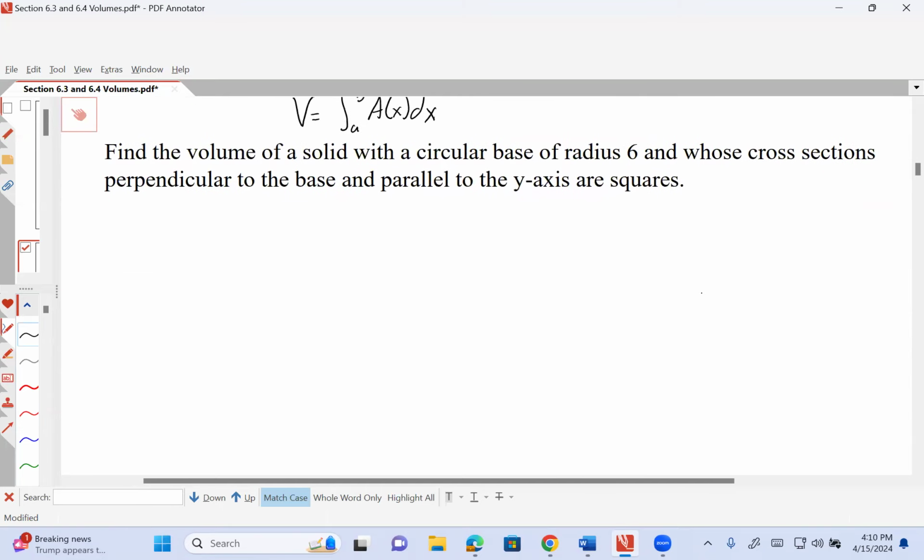And we want to find the volume of a solid with a circular base of radius 6, whose cross sections perpendicular to the base and parallel to the y-axis are squares. So the base is a circle. The equation of the circle is x squared plus y squared equals 36.